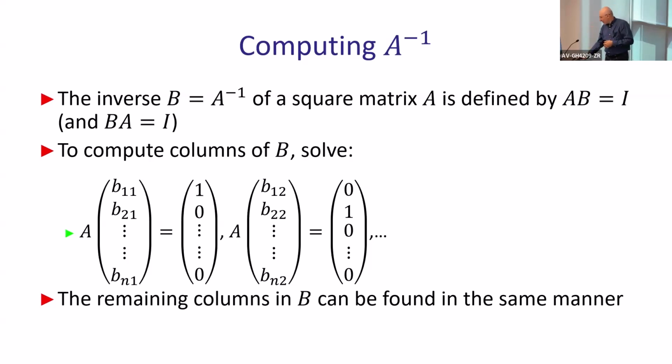So here's the idea. You're just saying, we will compute the columns of B, which are the columns of A inverse, right? Because B is A inverse. So you'll take A times the first column of B equals the first column of I, which is 1 and zeros. Very easy. So you will decompose it into L times U, and you'll solve U times that thing equals that thing.